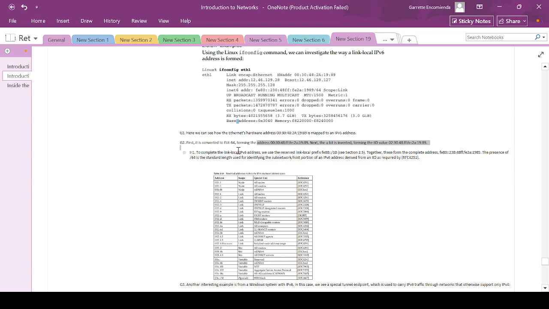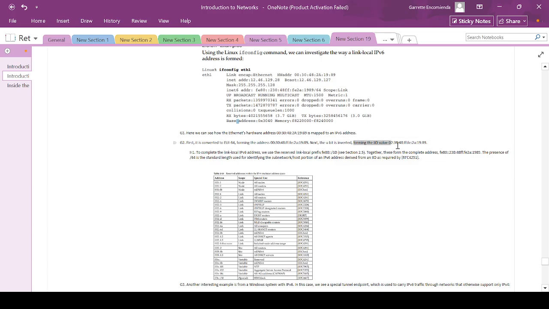So we convert that hardware address to EUI-64. Again, we need to split the Ethernet address at the OUI, the first three bytes. So 00:30:48:2A:19:89 is the hardware address. Now to convert that, you need to add FFFE in the middle.